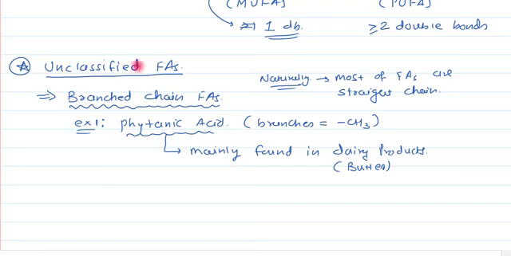Why is it important to know that phytanic acid is taken up by our diet? Because there is one disease known as Refsum's disease. In Refsum's disease, there is a defect in the catabolism of phytanic acid.